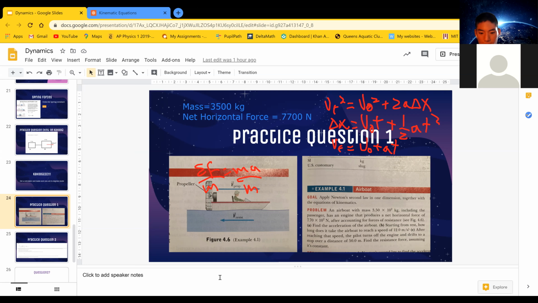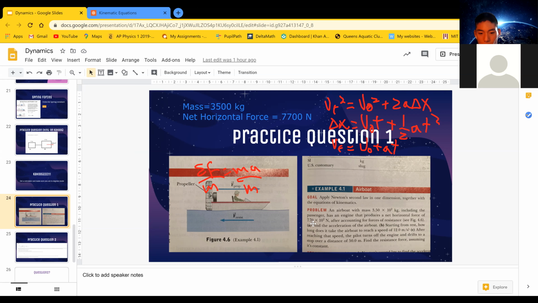So since we see this problem, it's to the hundredths place. It tells us 7.70 and 3.50. You might be asking yourself, why don't they just say 3.5 or 7.7? The reason is that they use significant figures, which is making sure that all your calculations are rounded to the same decimal place.